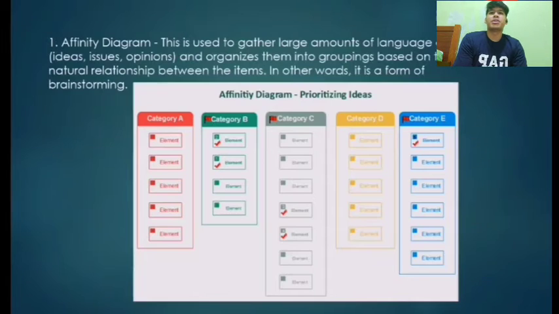So what is affinity diagram? So this is used to gather large amounts of language data or simply ideas, issues, or opinions and organizes them into groupings based on the natural relationship between the items. So in other words, it is a form of brainstorming. So ito lang ginagawa niya is grouping the opinions, then organizes them. So mas madaling makukuha yung natural relationship between the items.